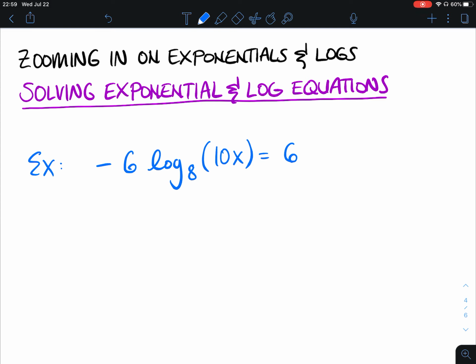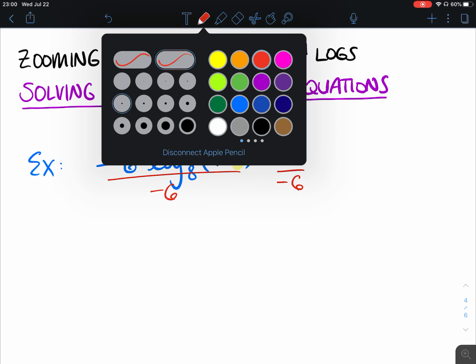So at first glance, maybe an intuitive step is to try to isolate the log because the log involves the variable, right? So you got to kind of check out where is the variable that you're trying to solve for. So I'm going to make my first step here. Hopefully this is an intuitive one, dividing by -6 because my goal is, again, to be able to isolate x.